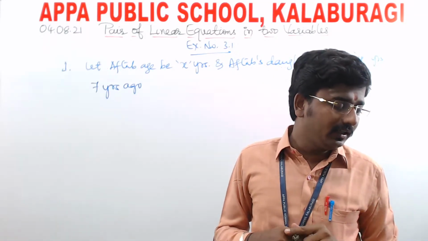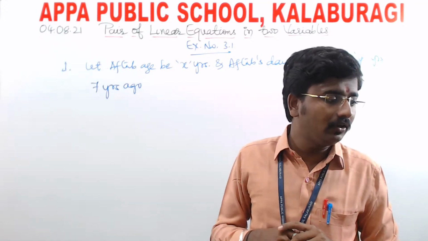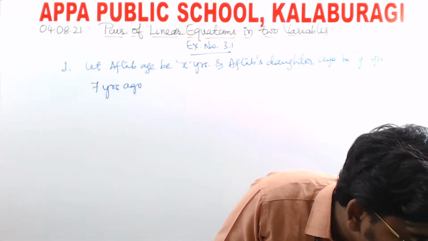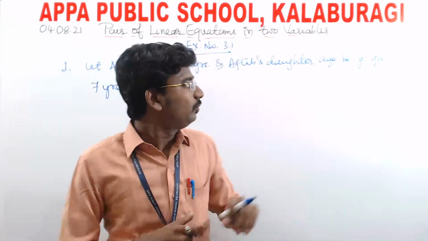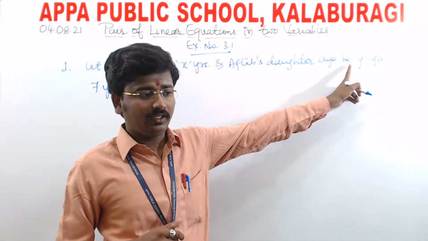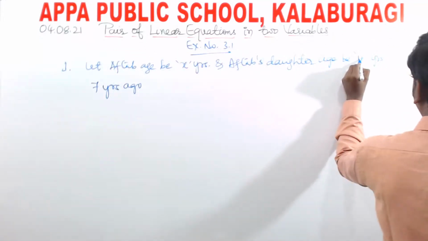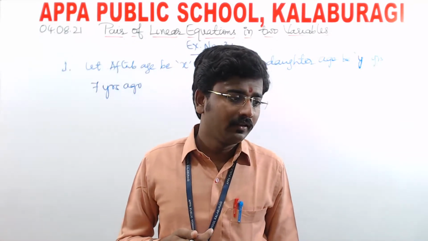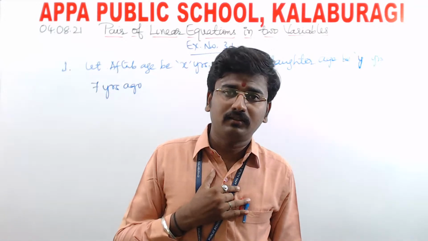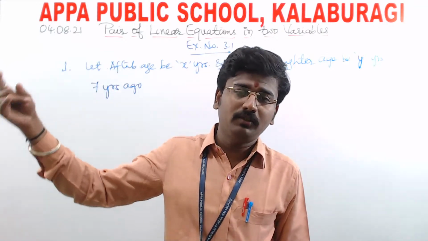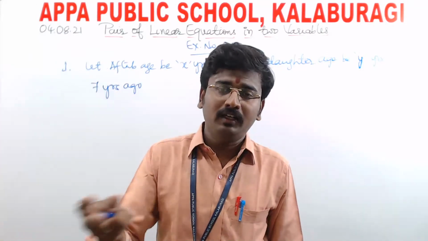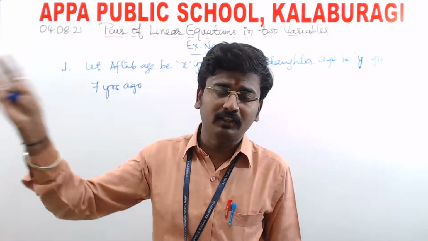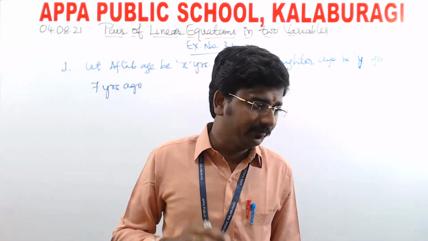What would be Aftab's daughter's age now? x minus 7 is Aftab's age. Then the daughter's age? x by 7? No. What have we taken as Aftab's daughter's age? We have taken it as y. Please understand, this is y years. Then what would be Aftab's daughter's age 7 years ago? Think that my age is 29. 7 years ago, my age was 21. My daughter's age, think that it is 10 or something; before 7 years, 10 minus 7 is 3.